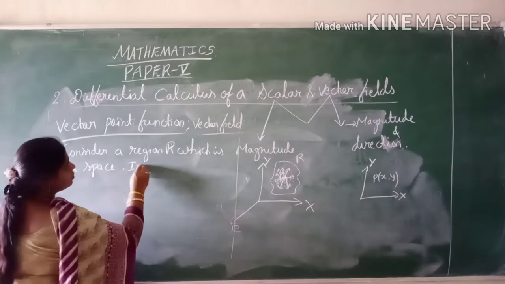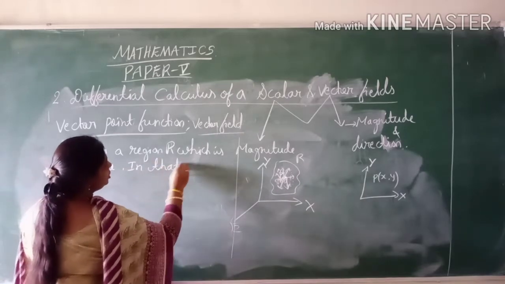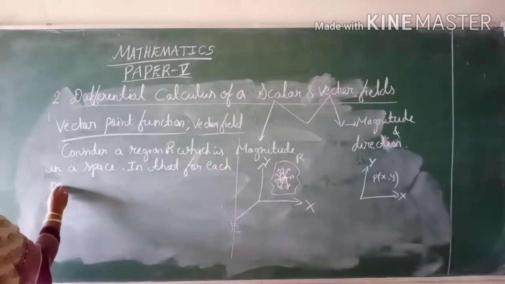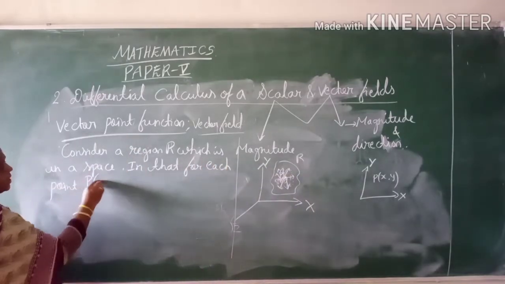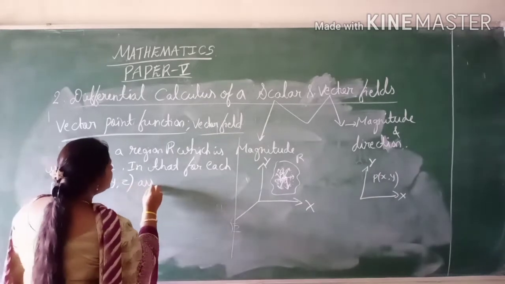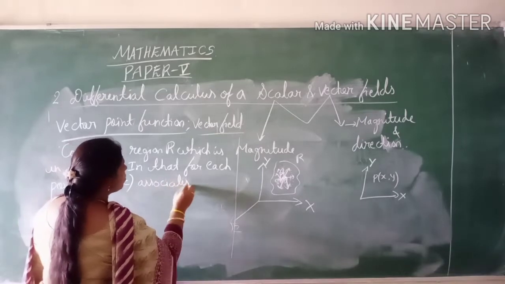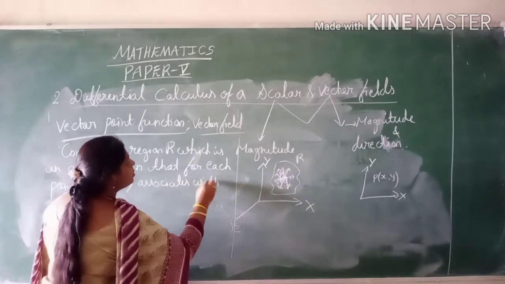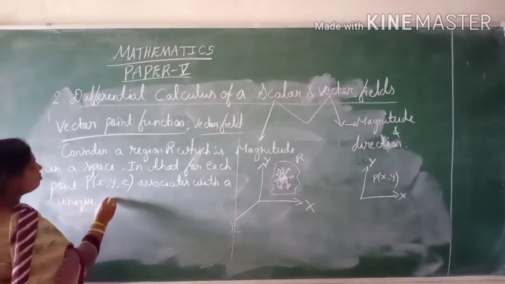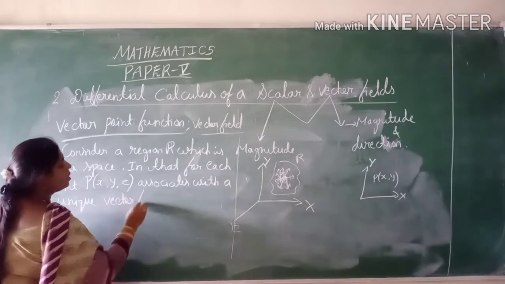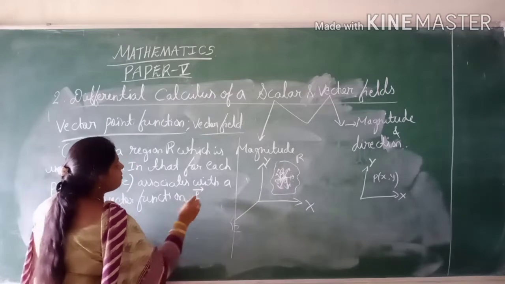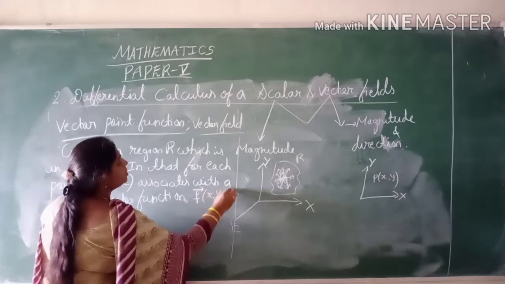In that region, each point P of x comma y comma z associates with a unique vector function, vector f of x comma y comma z.